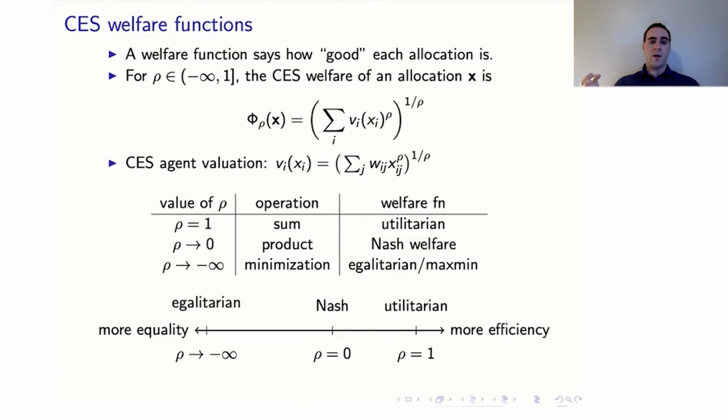And we talked already about how linear pricing is going to put you all the way on one side of the spectrum, with utilitarian welfare, which only cares about efficiency. Just want to briefly mention that CES stands for constant elasticity of substitution, which basically refers to a mathematical property that this functional form has.